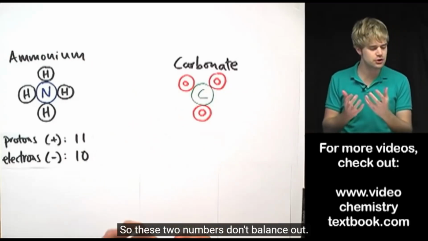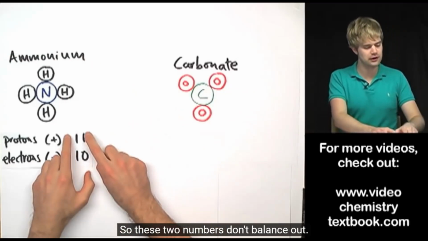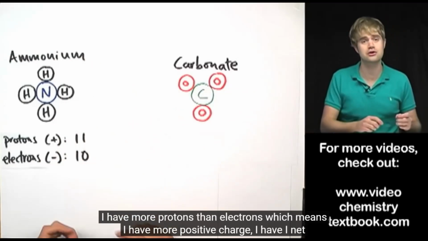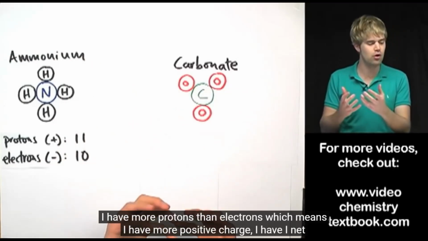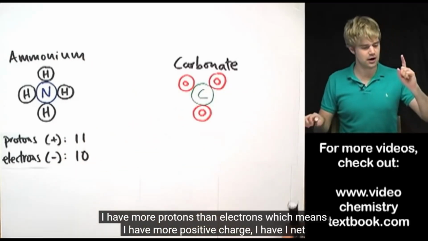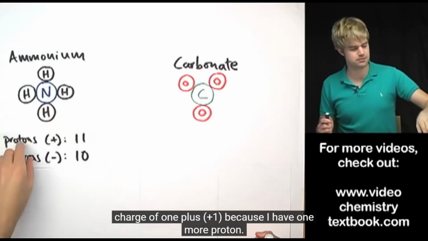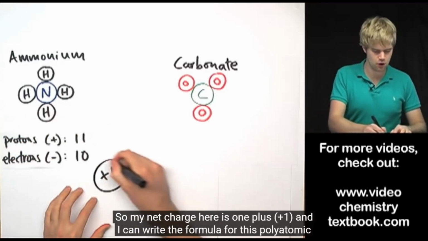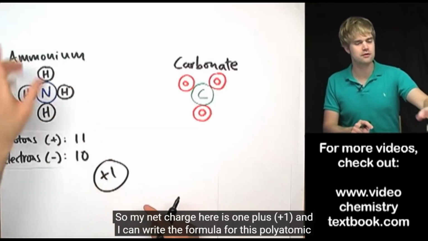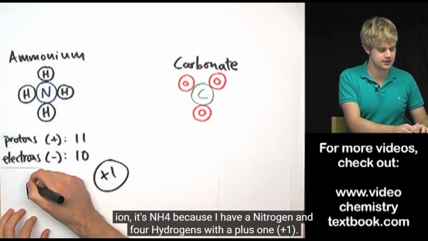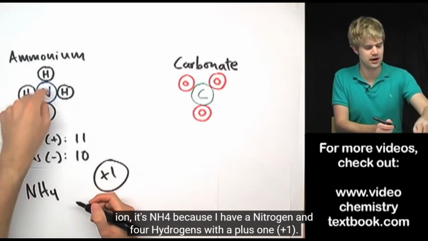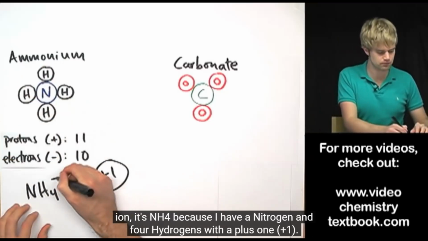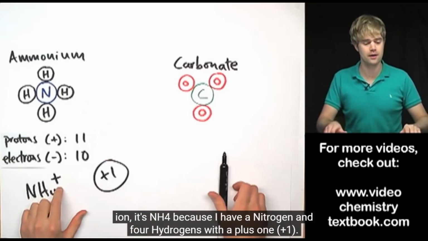So these two numbers don't balance out. I have more protons than electrons, which means I have more positive charge. I have a net charge of 1+ because I have 1 more proton. So I can write the formula for this polyatomic ion as NH4+, because I have a nitrogen and 4 hydrogens, with a +1.